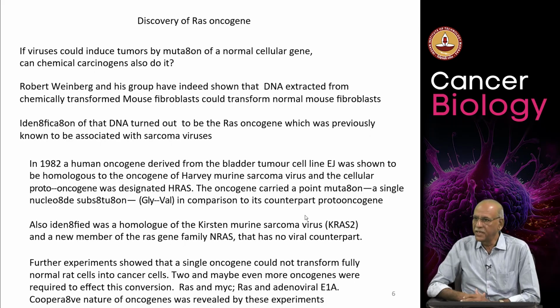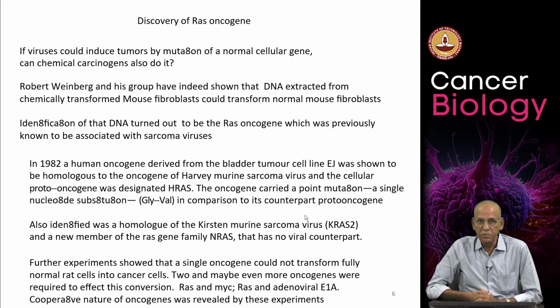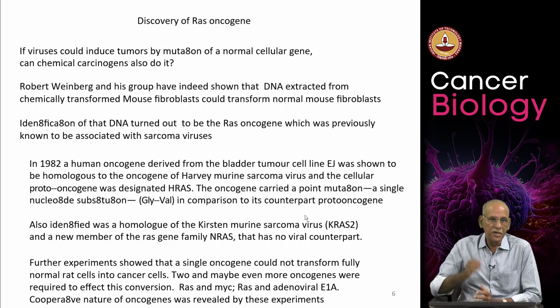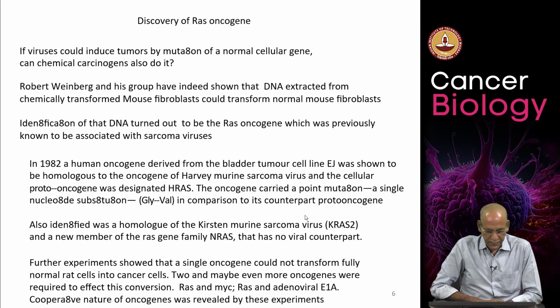The oncogene carried a certain point mutation, a single nucleotide substitution, which changed the amino acid glycine into valine. The proto-oncogene did not have this mutation. The oncogene had this single point mutation, as we call it. So, the glycine was changed into valine.